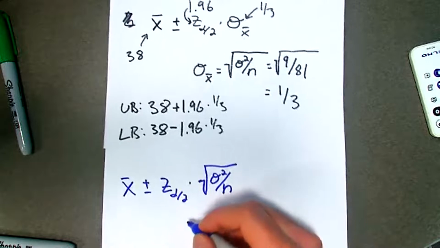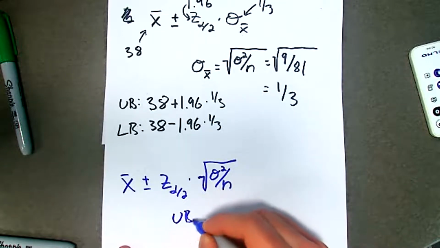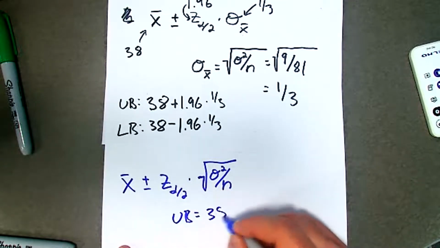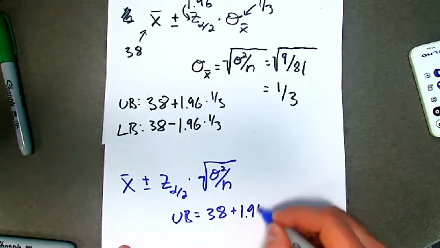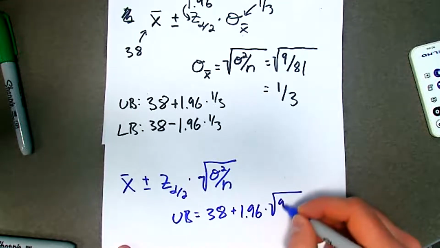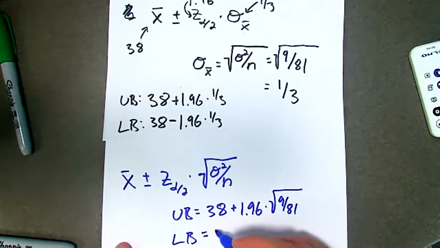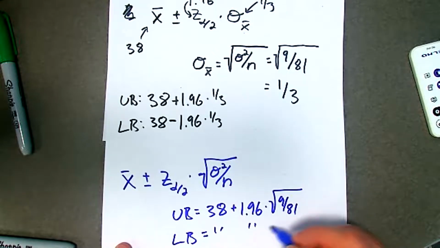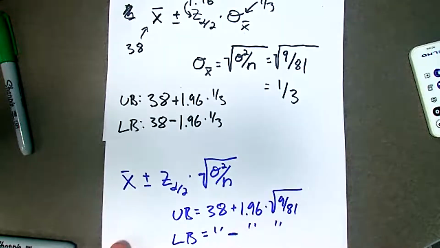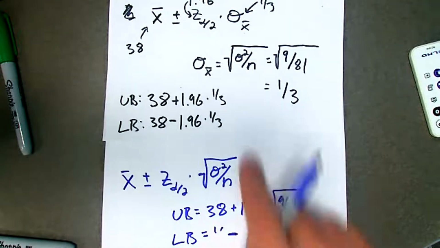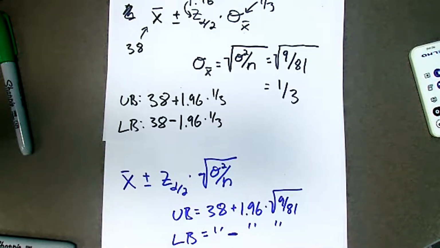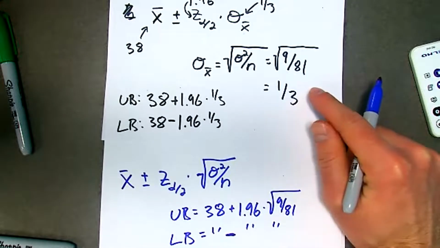So my upper bound would be what? 38 plus 1.96 times the square root of 9 over 81. And then the lower bound is that exact same thing, but I'm subtracting my margin of error. Well, I can go ahead and do this computation. I'll get the exact same answers. It's just up here I calculated the intermediate step.